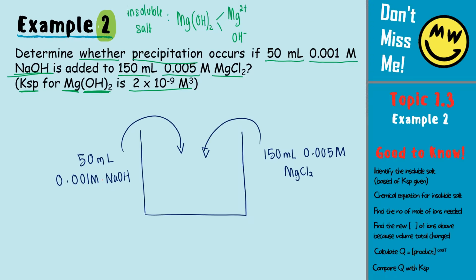So what is the very first thing that you shall realize? The very first thing, the volume change. So you have a new volume total of 200 milliliter. Agree? And we know that the 200 milliliter over here is also represent 0.2 liter. Okay? Make sure you realize we need that in a liter.